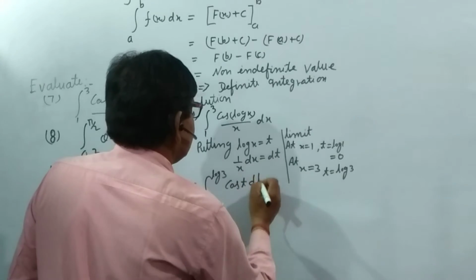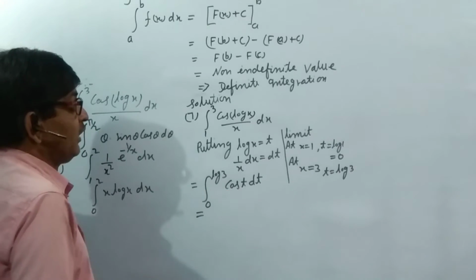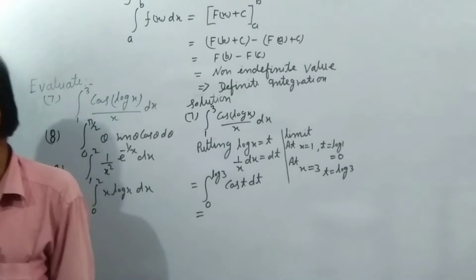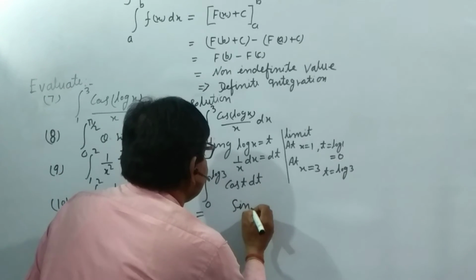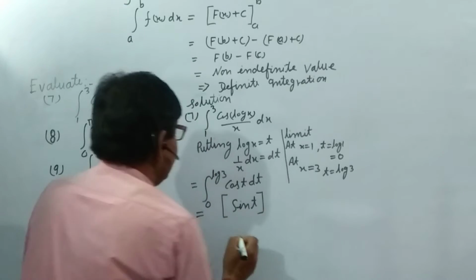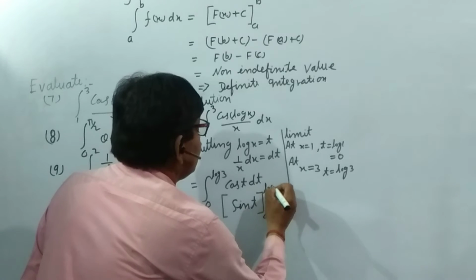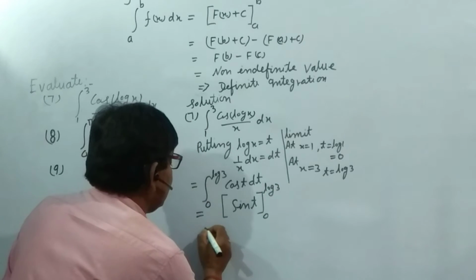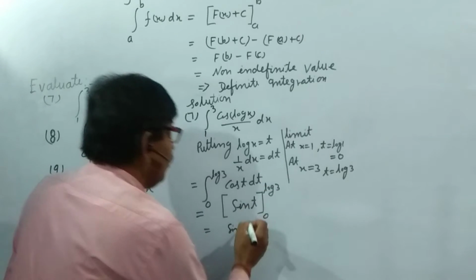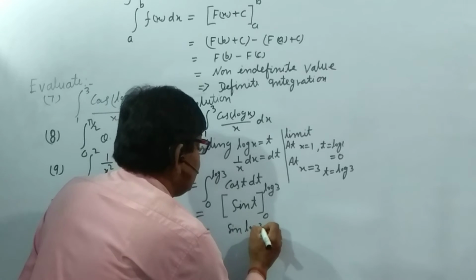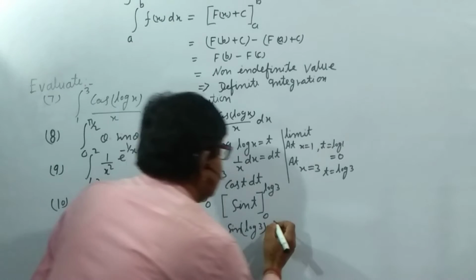Here the integration of cos t is sin t, with lower limit 0 and upper limit log 3, so that we get sin(log 3) minus sin 0.